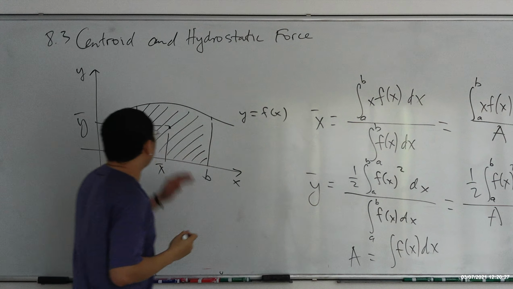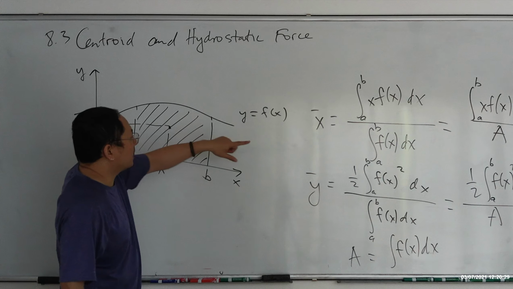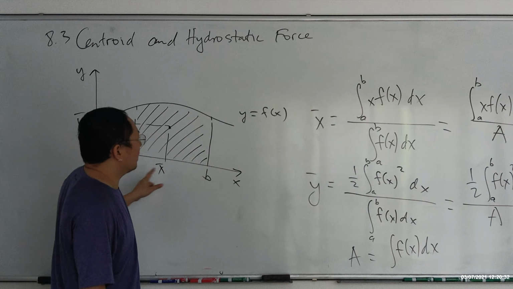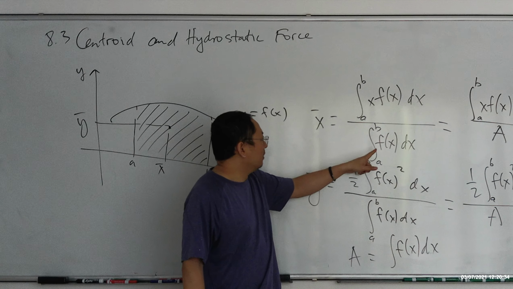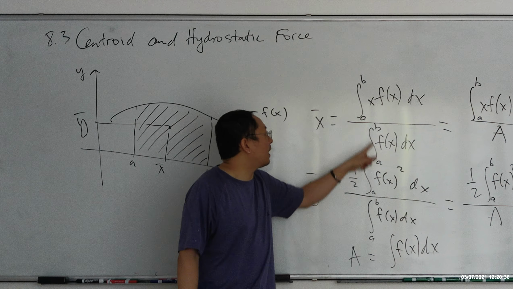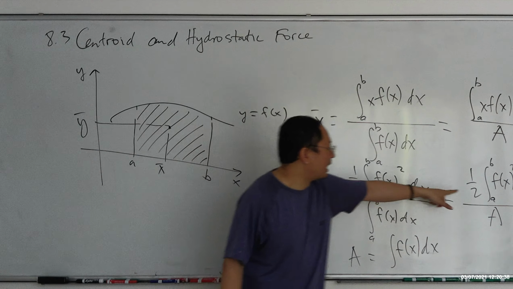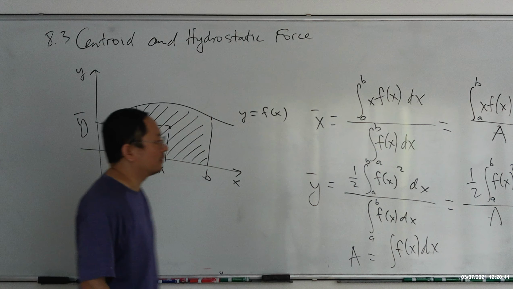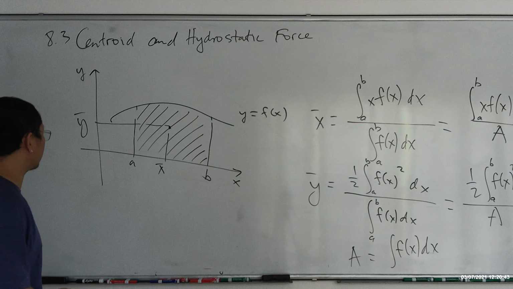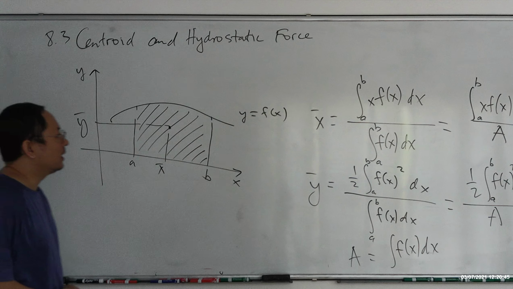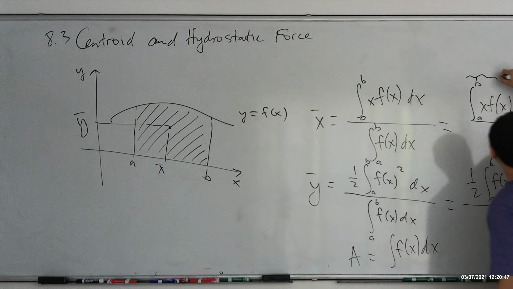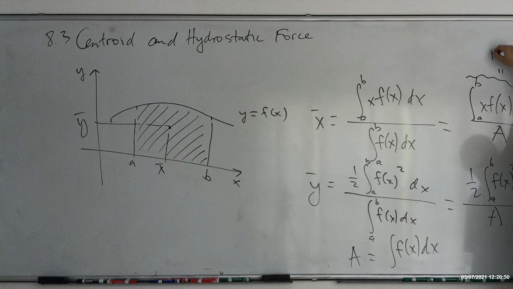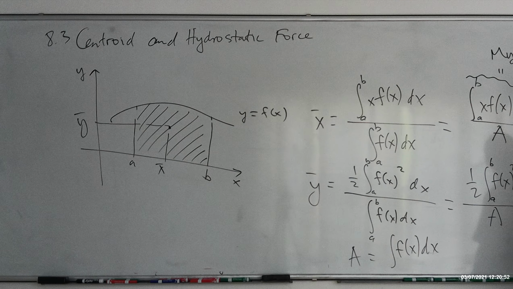You integrate f of x dx from a to b, then the integral of x f of x dx from a to b, and then 1/2 of f of x squared, so you square the function, from a to b. You have three integrals, and you construct the fractions to get x bar and y bar. By the way, the integral of x f of x is denoted by My, the momentum about the y-axis. And the integral of 1/2 f of x squared is denoted by Mx, the momentum about the x-axis.